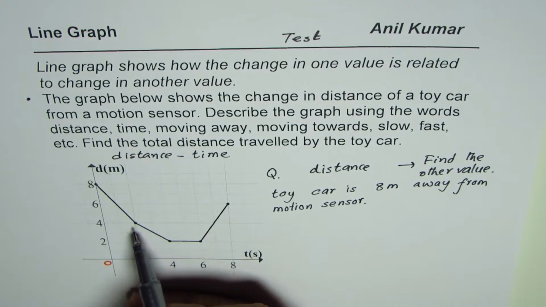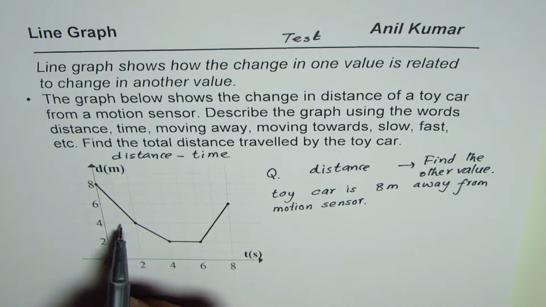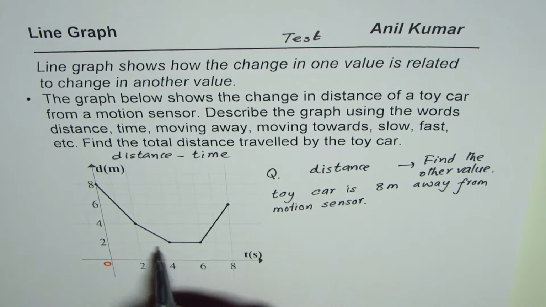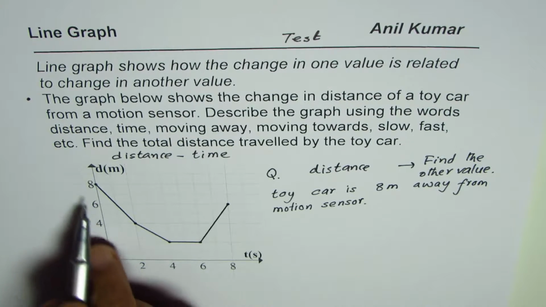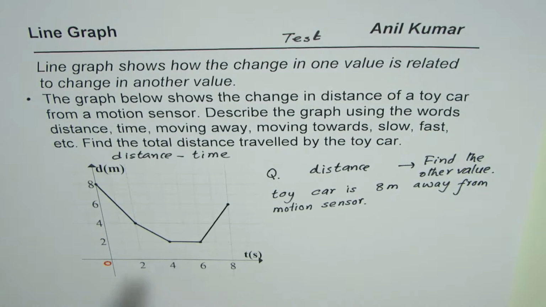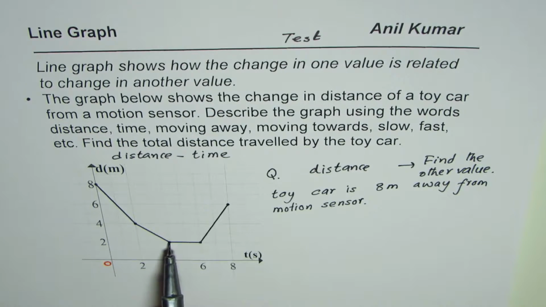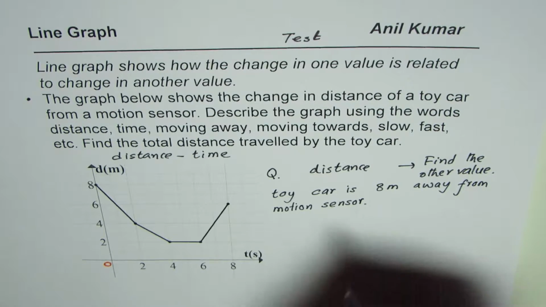It comes closer, right? It comes closer by 4 meters, right? In 2 seconds, right? And then it moves further closer, right? So in first 4 seconds, it comes closer. Initially, it is faster. Do you see this part faster? And this is slower. So that is how you can analyze more from the given graph.